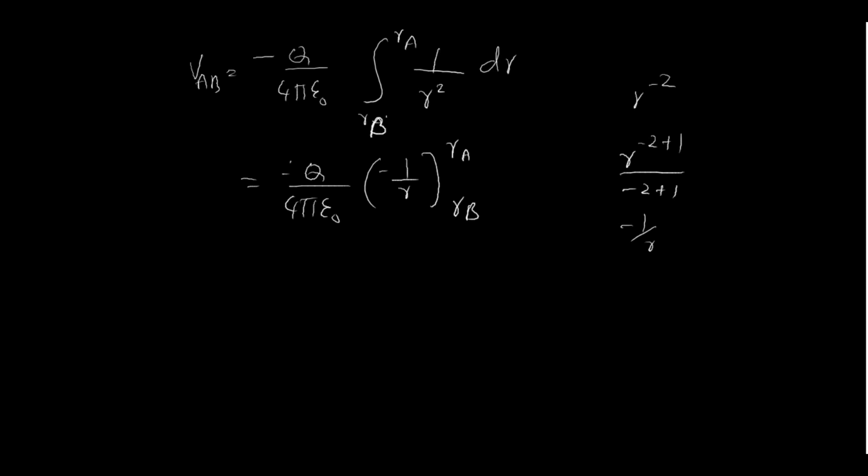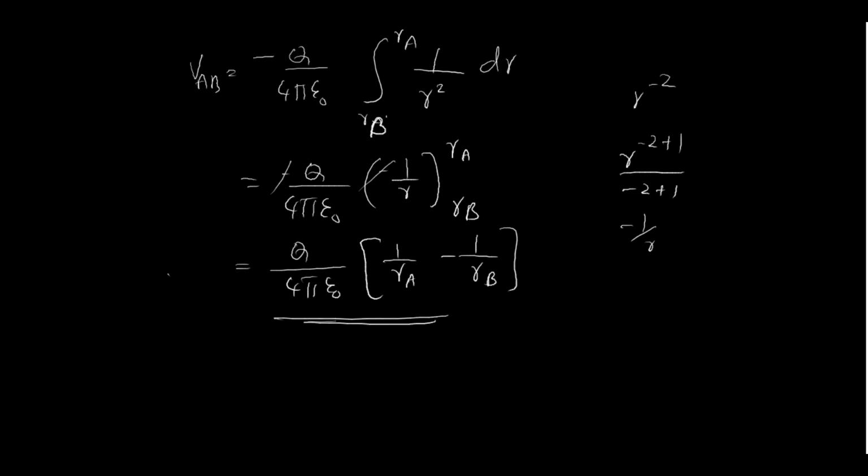The minus and minus cancel, so we get Q by 4 pi epsilon 0 times 1 by RA minus 1 by RB. This is the expression for VAB.